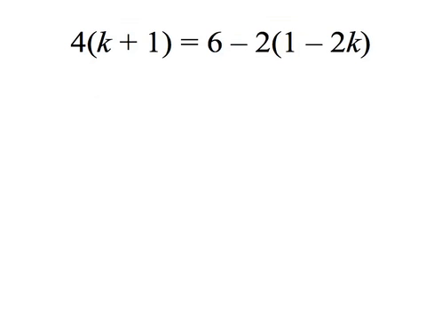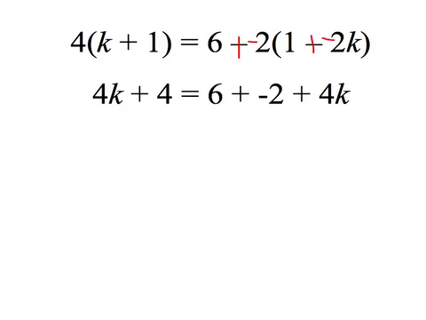A little more complicated, this one. We'll apply the definition of subtraction. Then we'll apply the distributive property. We're going to show a little less work now. We're still showing work, but we're not showing as much work. But from line 1 to line 2, I hope it's clear that we've used the distributive property to get negative 2 times 1 to make negative 2, and negative 2 times negative 2k to get 4k.